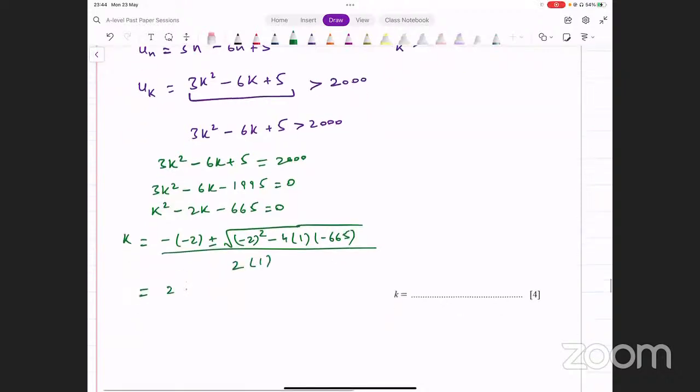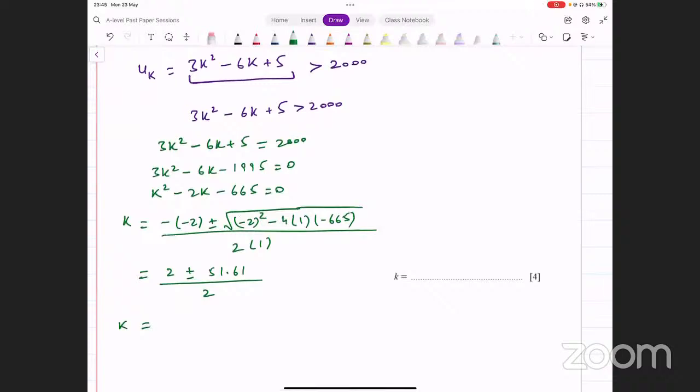What do we get from this? We get 2 plus minus square root of 4 plus 4 times 665. इसका square root, that is square root के अंदर मैंने evaluate कर लिया. This is giving me 51.61 whole divided by 2. इससे मेरे पास k की 2 possible वैल्यूज आ रही हैं.